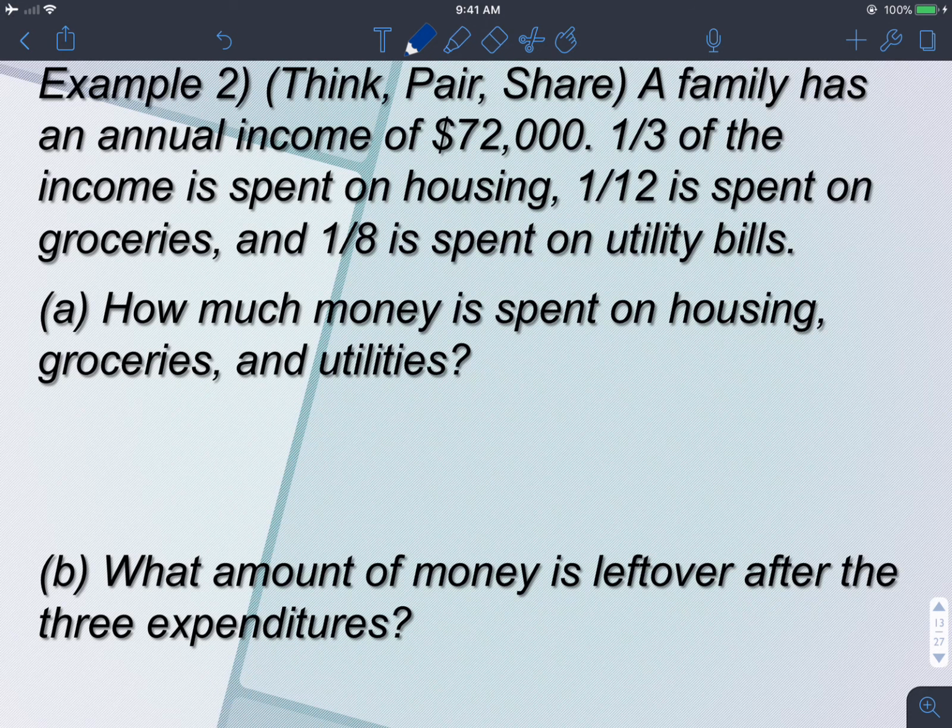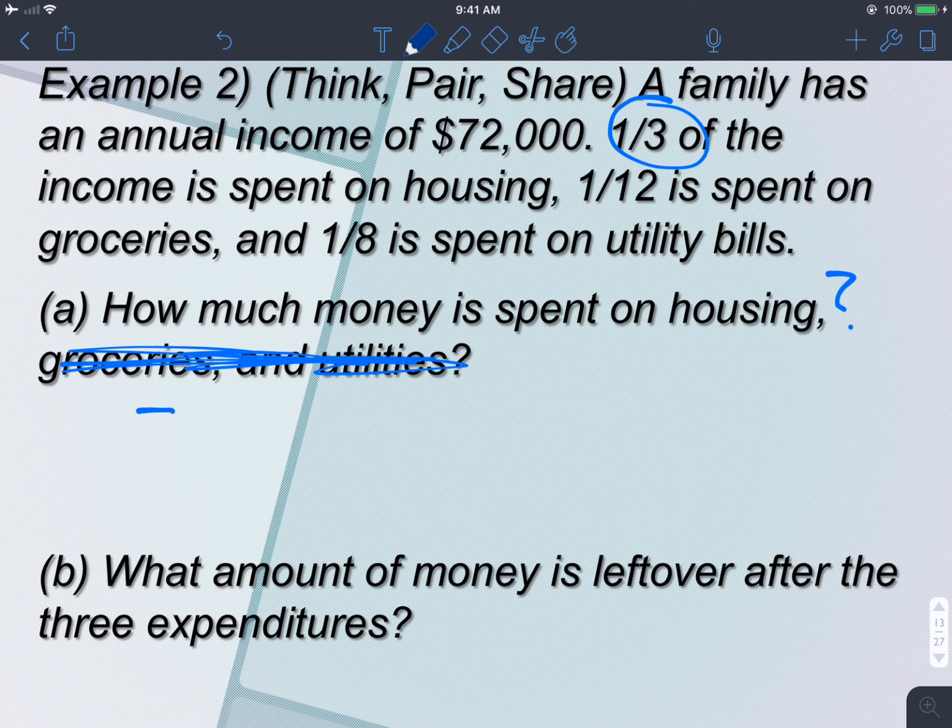Of $72,000, 1/3 is spent on housing. 1/12 is spent on groceries, and 1/8 is spent on utilities. The simple question that they ask you is, how much money is spent on housing? And the way that you would solve that is to find that portion of the total, 72,000, but divide it into 3 parts.